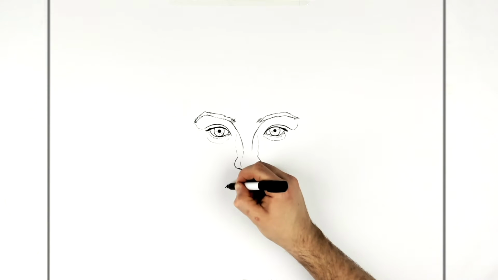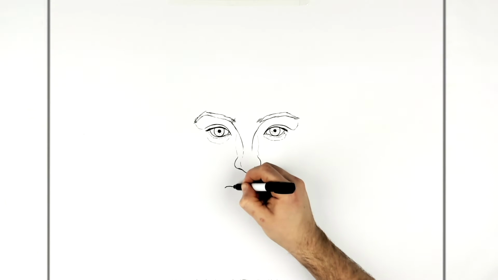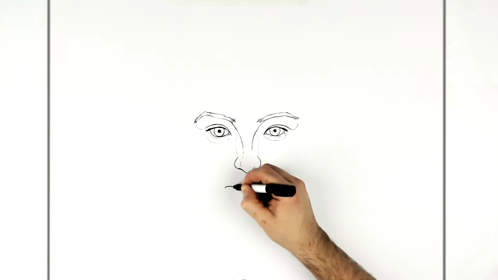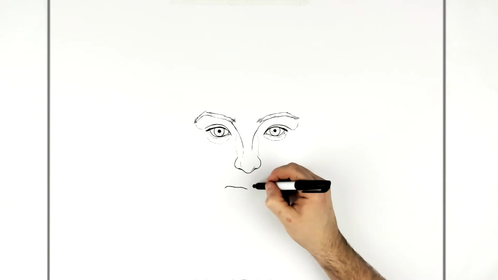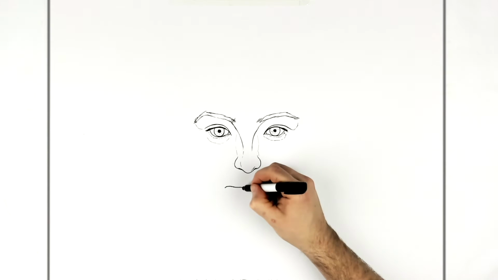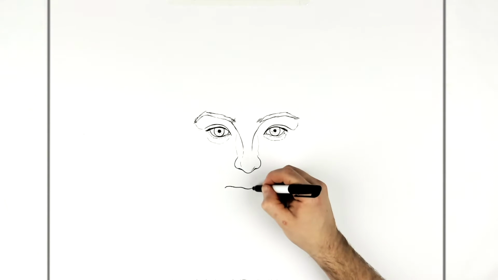And then we will go across. And it kind of bumps and then dips down in the middle for her top lip. Then goes back up, right to the corner of the mouth.